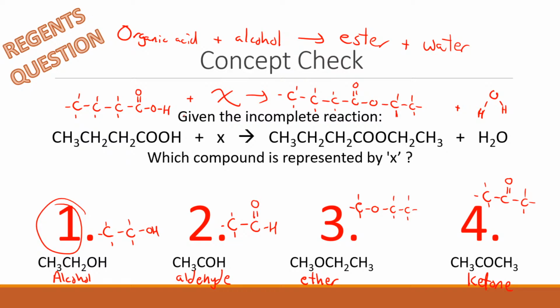Or you could say, I recognize this reaction type and these functional groups. That's an organic acid, that's an ester, and this whole reaction needs an alcohol in order to be a proper esterification. Which one of my choices is an alcohol? Either way will lead you to the right answer. In this specific example, you don't actually need to know that this is an esterification to answer it.